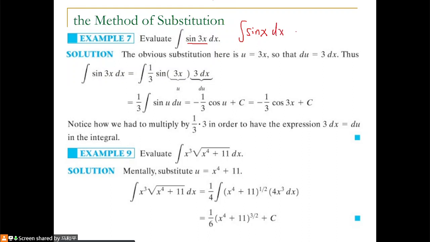Sin x dx, we know this indefinite integral is equal to minus cos x plus c.